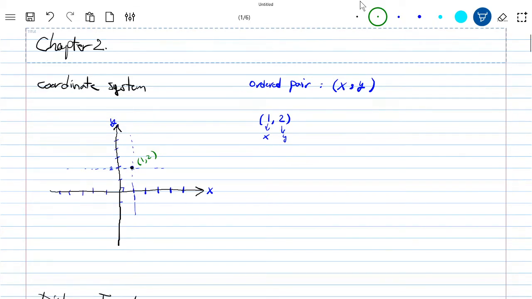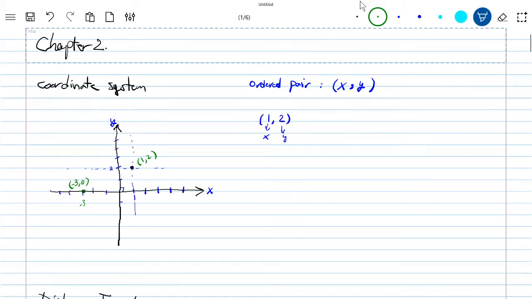Similarly, if you want to find the point -3 and 0, -3 along the x, here is -3. 0 for y, 0 for y is still here. So the intersection of the vertical and horizontal lines would be this point. If you're staying on the x-axis, that means the y coordinate is 0. This is -3 and 0.